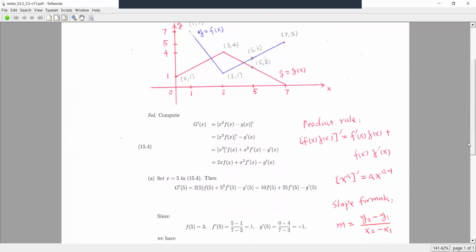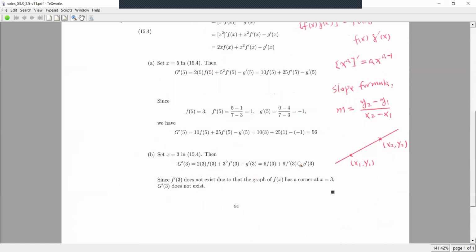Therefore, the derivative of the function f at the point 3 doesn't exist. So this expression is not computable. Therefore, the conclusion is the derivative of f at the point 3 doesn't exist.